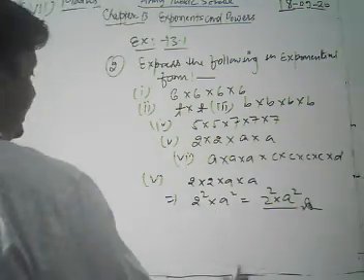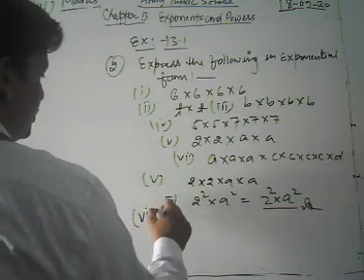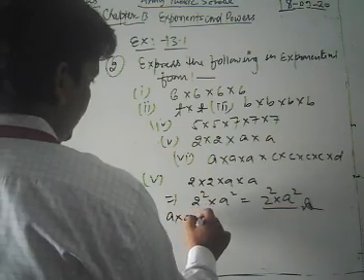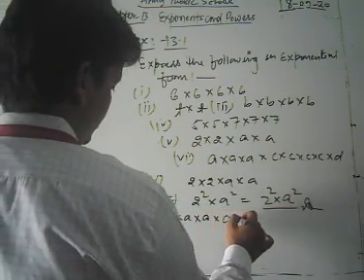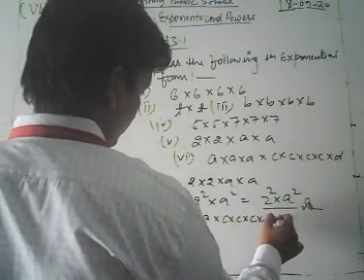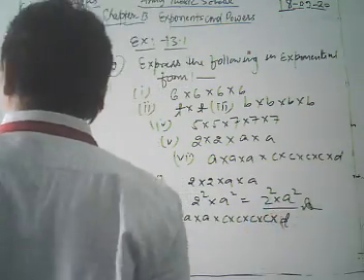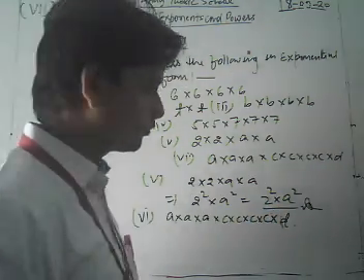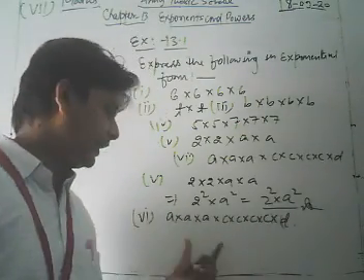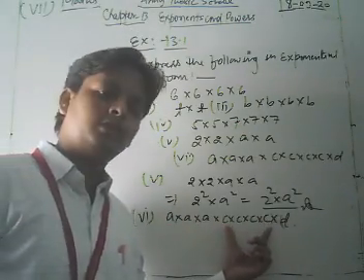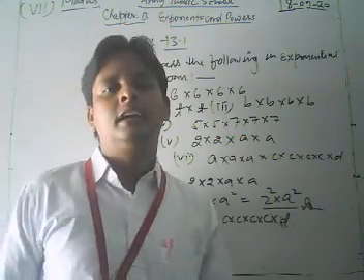Similarly, we take and solve the last part of that question, which is a into a into a into c into c into c into c into d. Now look, dear friends, in that question a is mentioned 3 times, c is mentioned 4 times, and d is written as it is.